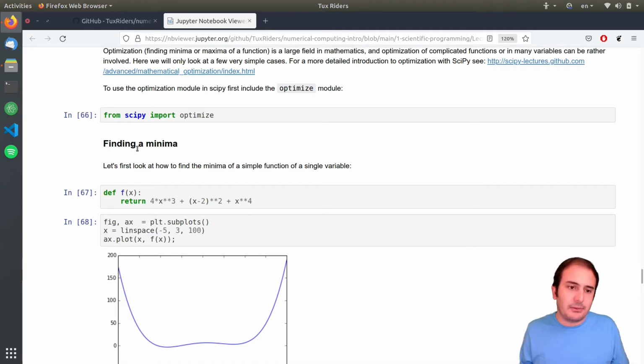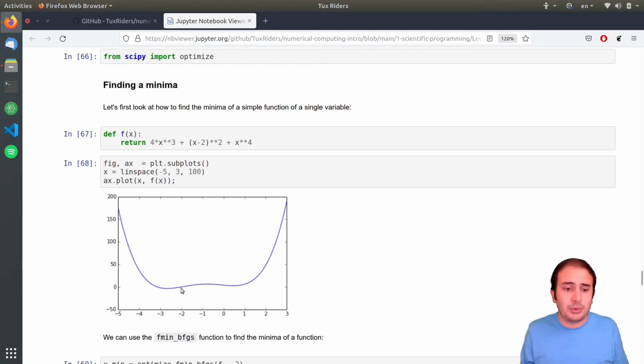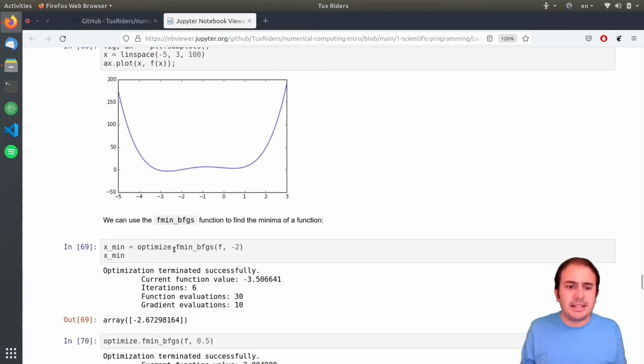And for example, for finding global, in this case, it's local minima. So you have 2 local minima here, one here and one here, and you pass the function to optimize to the fmin function, and you specify the starting point. So you start from -2 and you end up with this.